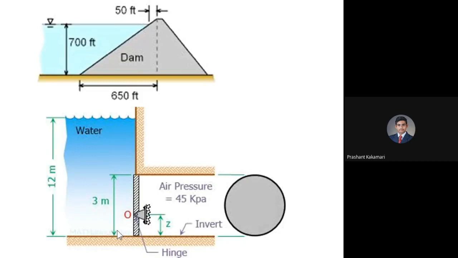In the first example, the top sketch, don't bother about the dimensions there. If you check the dam wall, it is made like a slope, so I can consider it as an inclined surface. On this inclined surface, the water is filled on one side, and the other side is kept open to the atmosphere.